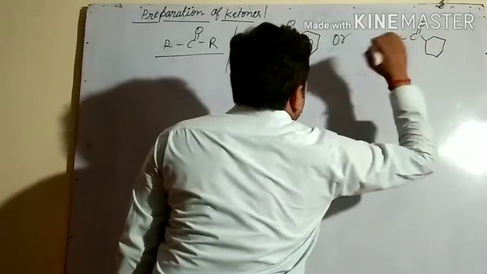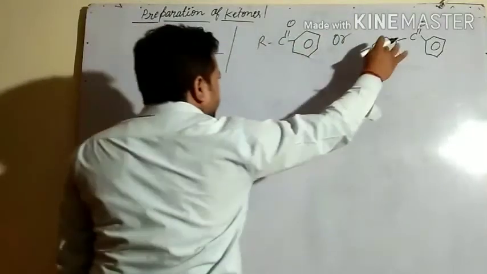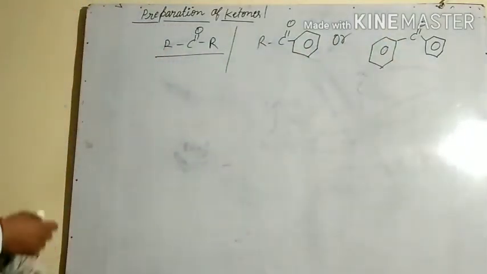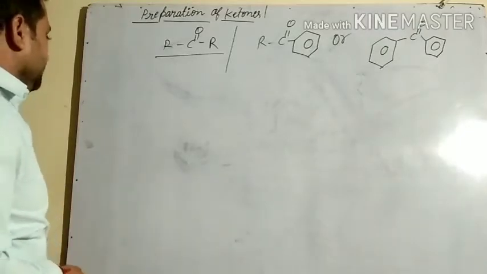It can be represented like this. So what will be the formula, and how will we write the name? Let us see, and after that we will see preparation.